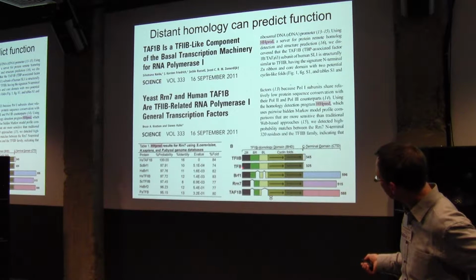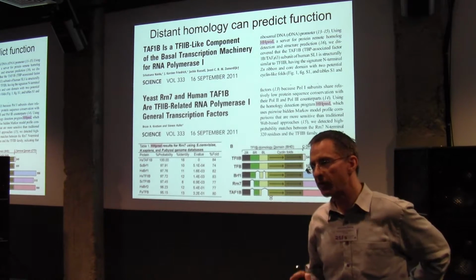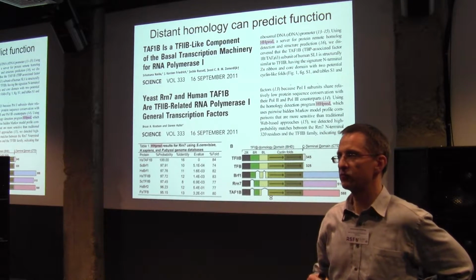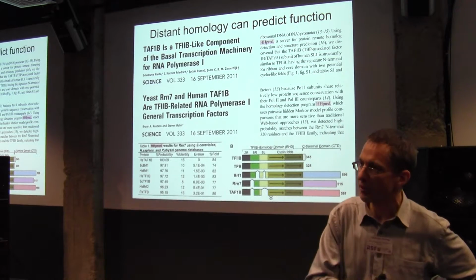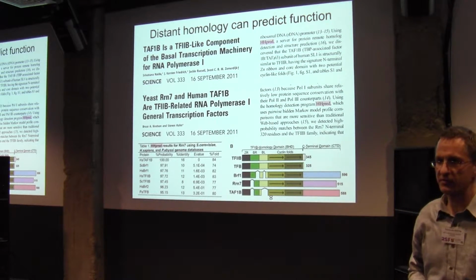So the name B here is just a coincidence. They found that it's actually a very close functional paralog of TFIIB, but for the Pol I system. And then they did a few biochemical studies showing that it does more or less the same thing.